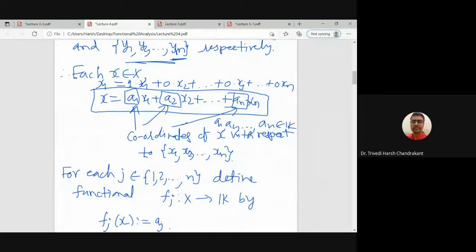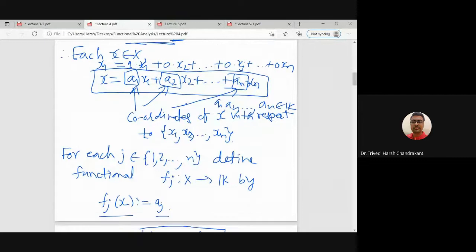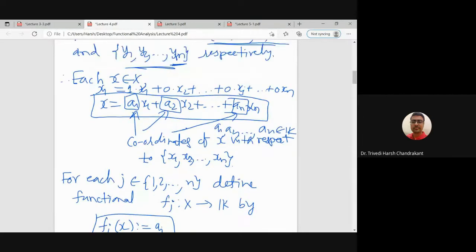And then we are defining the coordinate functions. So that coordinate is aj. In particular, if we write x1 in terms of basis elements, then since x1 itself is a basis element, in the linear combination only the first coefficient is non-zero. All other elements will be zero.